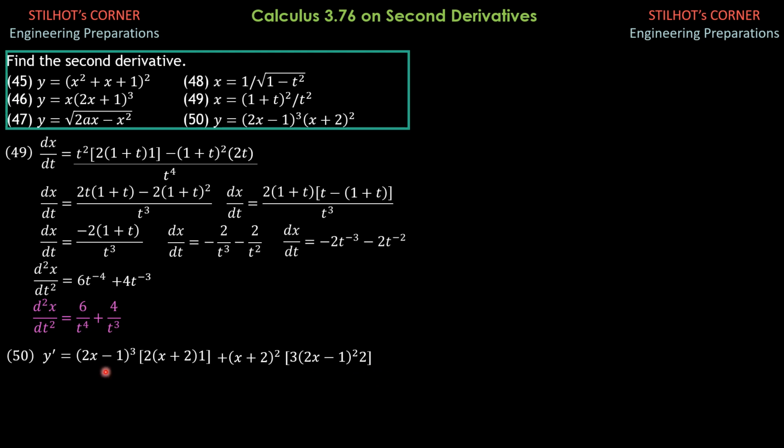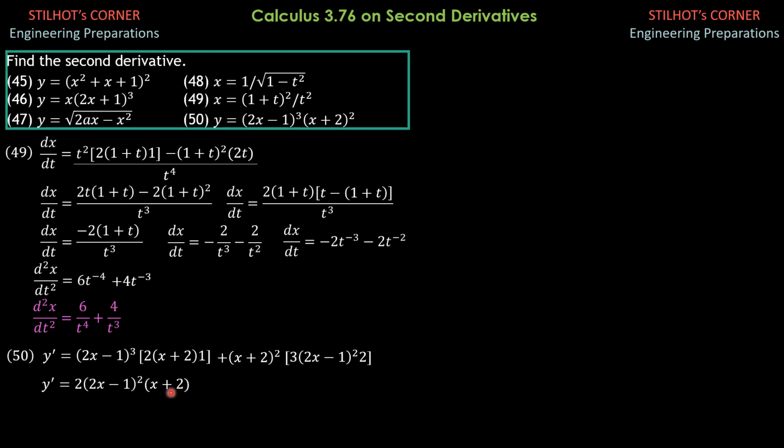So simplifying, common is 2x minus 1 squared and x plus 2. 2 times quantity 2x minus 1 squared times 2 and x plus 2. 2 times 2x minus 1 squared times x plus 2.